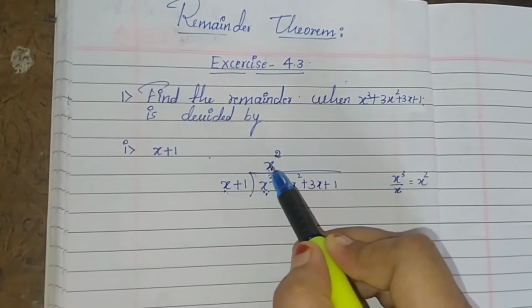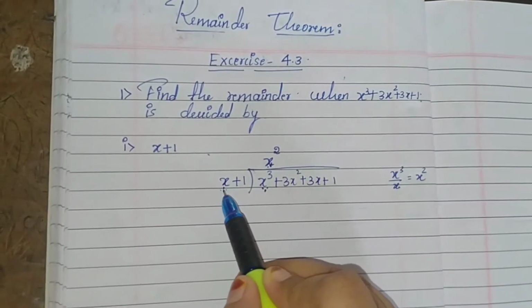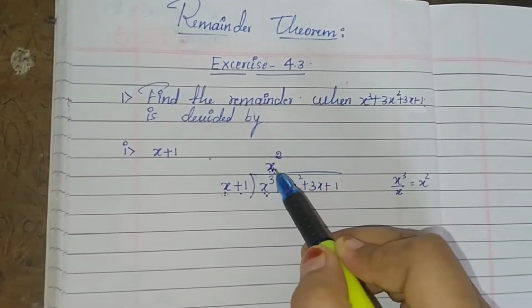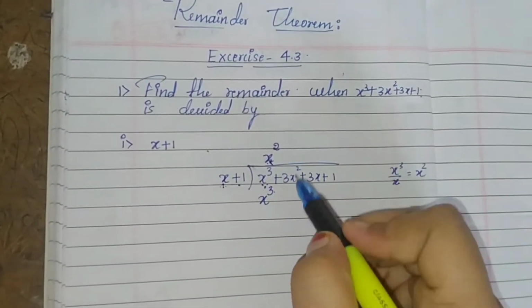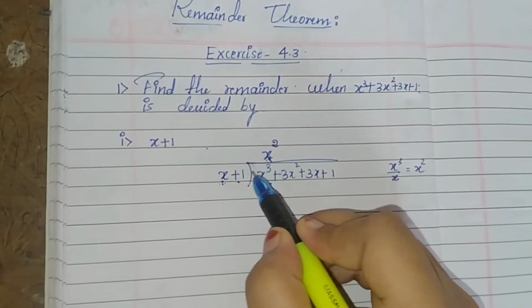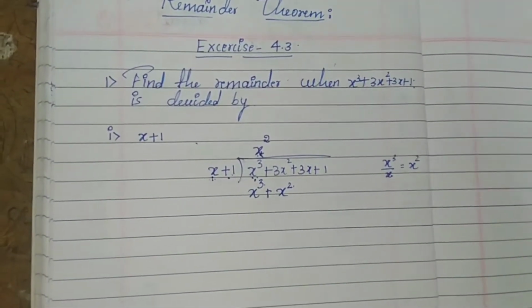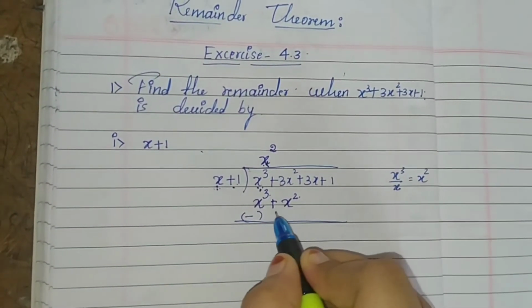Okay. So after that you have to multiply this first term of the quotient by the first term of the divisor and the second term of the divisor. So x square into x is nothing but x cube, plus x square into 1 is nothing but x square, isn't it? So now you have to change the sign.